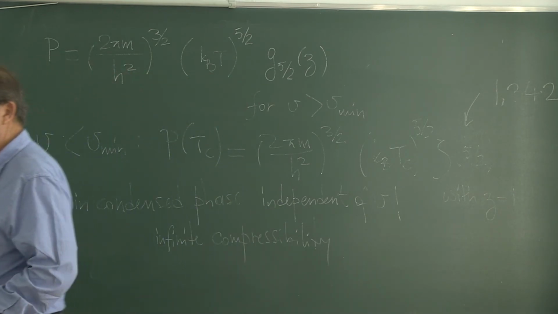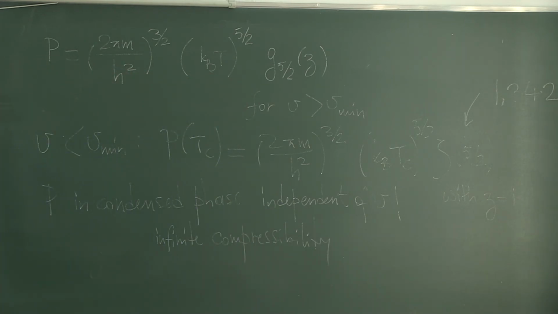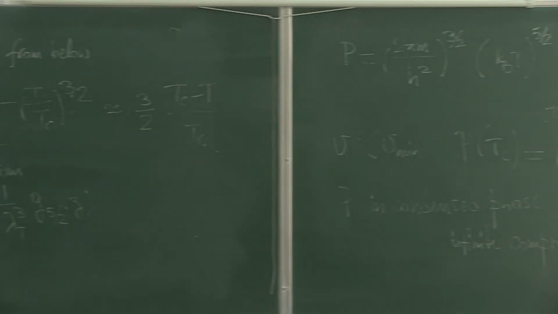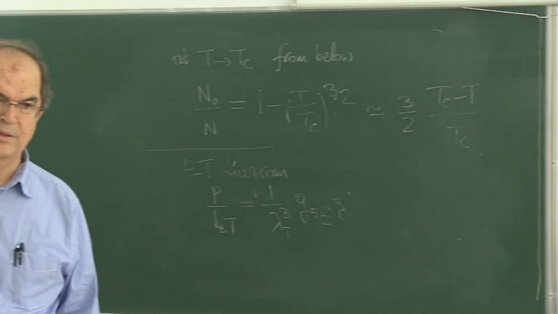What was compressibility? 1 over V del P, isn't it? If P is independent of V, you get 0. 1 over 0 is infinite. So compressibility is infinity.